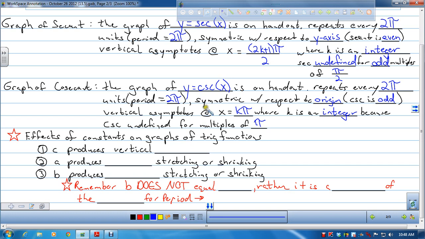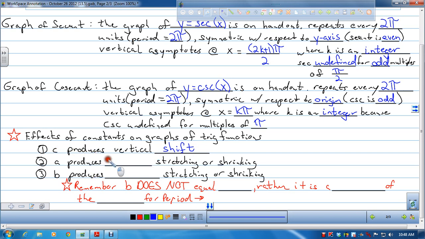Now, again, these were the basic functions, just like y equals sine x, y equals cosine x, and as you recall from the previous lesson, we added things to it. We added some c value, which produced a vertical shift, and that either moved up or down depending whether c was positive or negative.